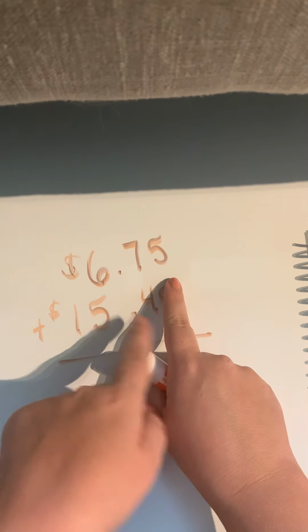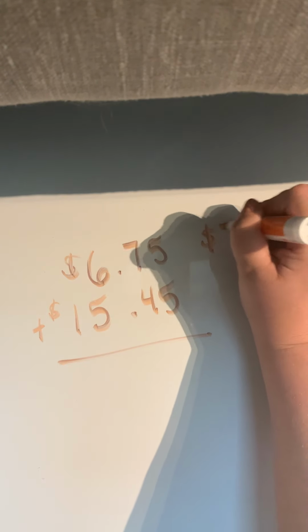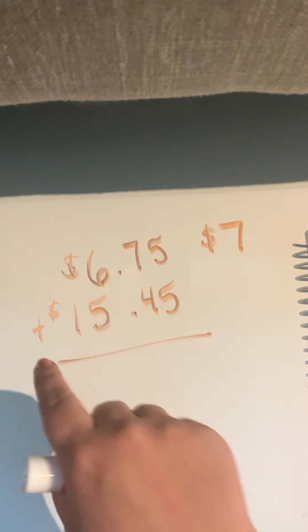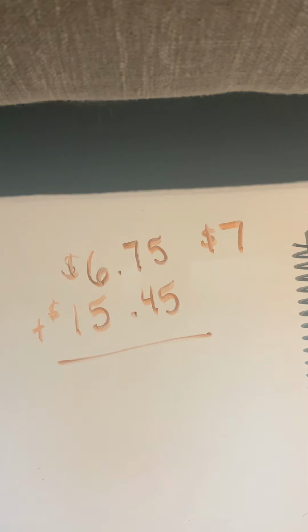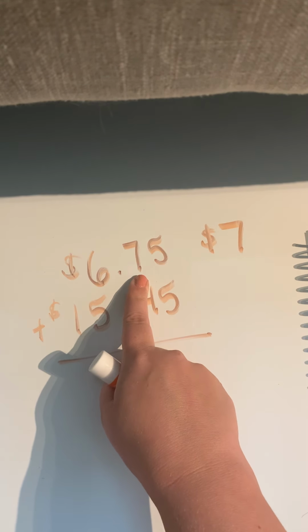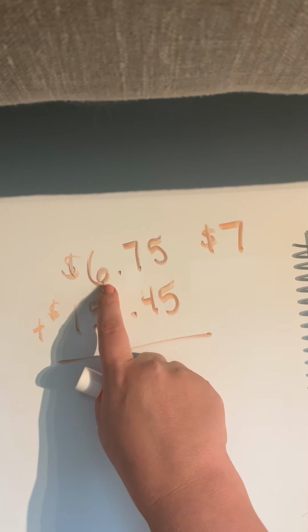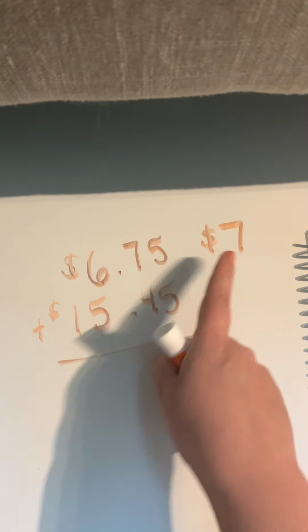So $6.75 would be closer to $7, right? Because 75 is greater than 50. I'm looking at my dollar sign, so I look next door. That is above a 5, so that means I'm going to have to add a 1 here. That's how I got my 7.